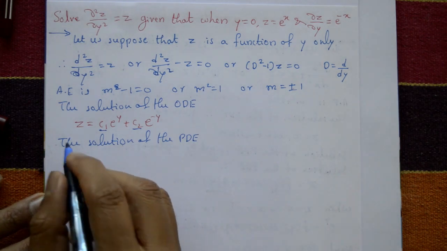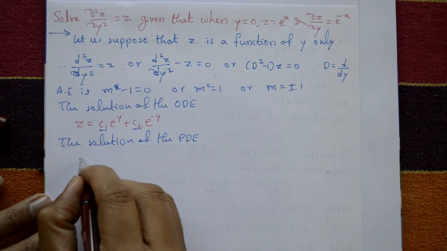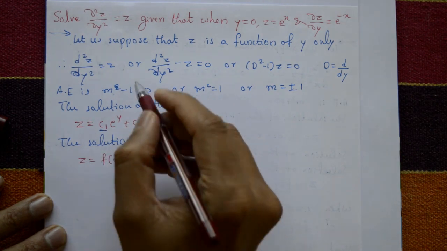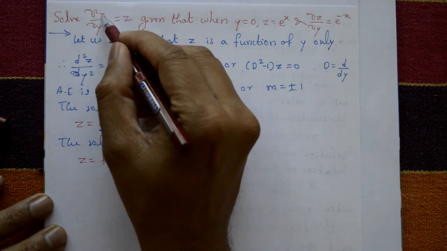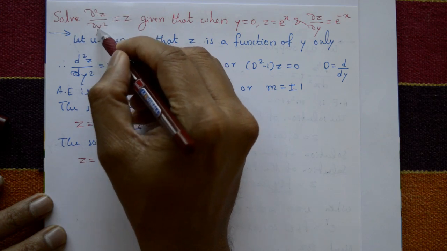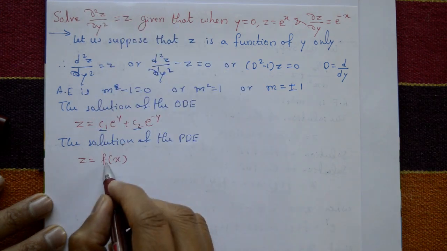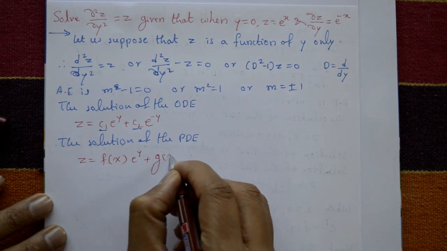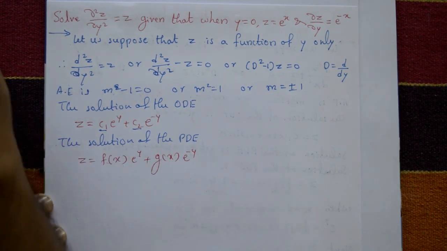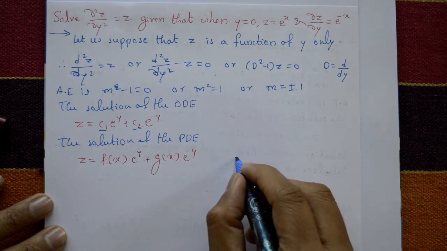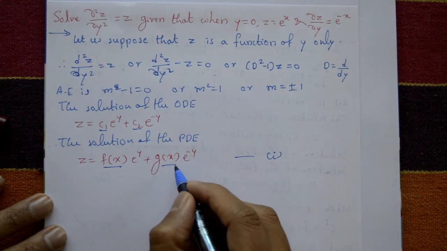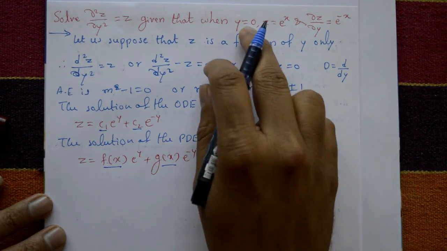Since y is the independent variable in ∂²z/∂y², take c1 as f(x) and c2 as g(x): z = f(x) e^y + g(x) e^(-y). Call this equation number 1. Now find f(x) and g(x) using the conditions that are given.